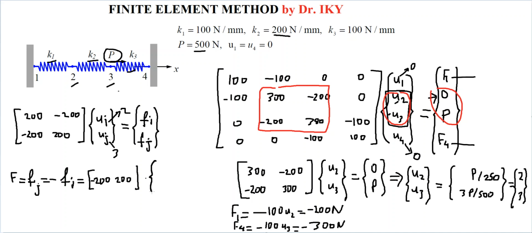I can multiply it with U2 and U3. So that is 2 I have found here, and the other one is 3. We have known values, so it is easy to calculate from there. F is equal to 200 newtons.